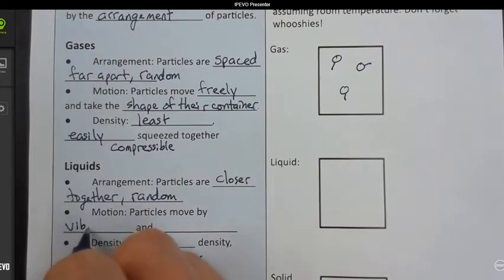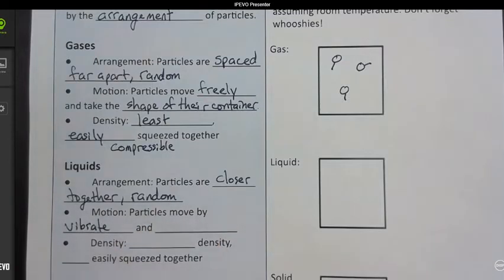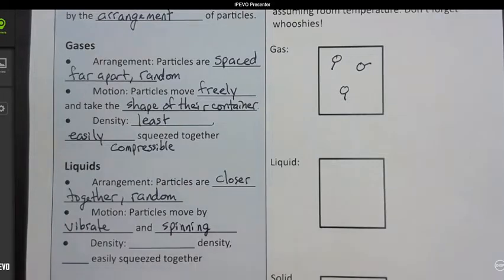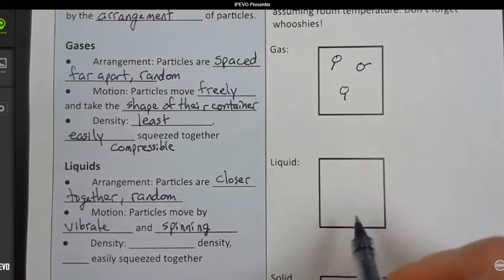One is that all liquid particles move by vibrating and by spinning. So in a container of water, those water molecules down at the bottom of the container are constantly moving about, which is why they can help to form a solution so well, but they're not going up and down inside the can or inside the glass. They're just vibrating and spinning around the bottom of the container.